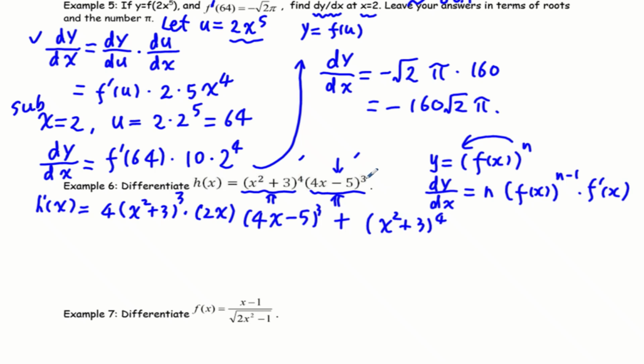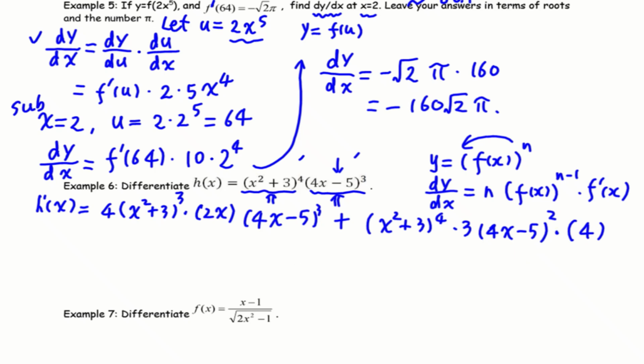Then plus, we copy the first term, then do the derivative to the second term. So exponent to the front, which is 3, the base doesn't change, then exponent minus 1 is 2, then times the base derivative: the derivative of 4x minus 5 is 4. Then it didn't say simplify, so it's done.